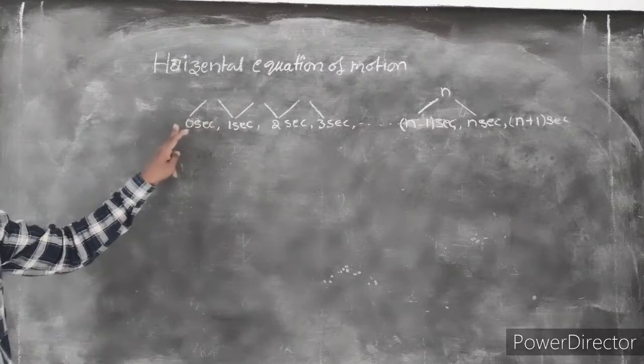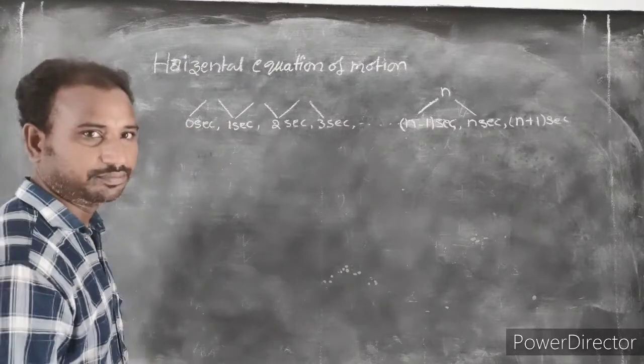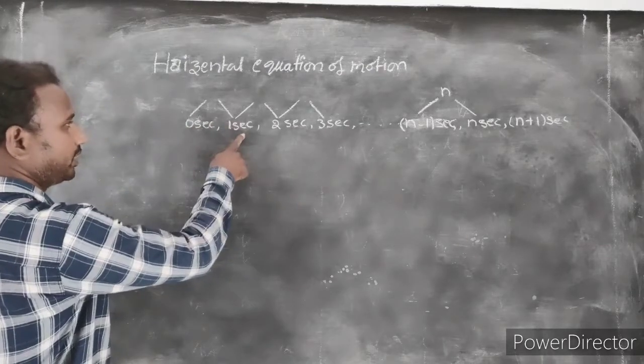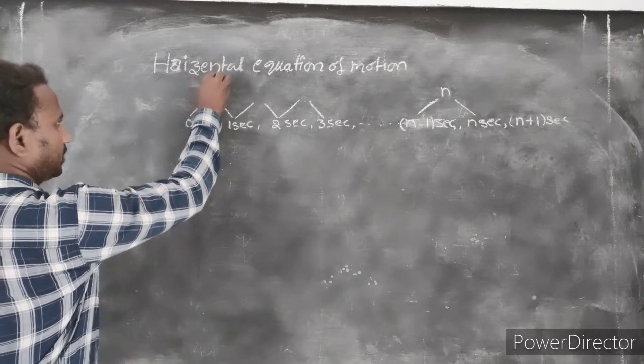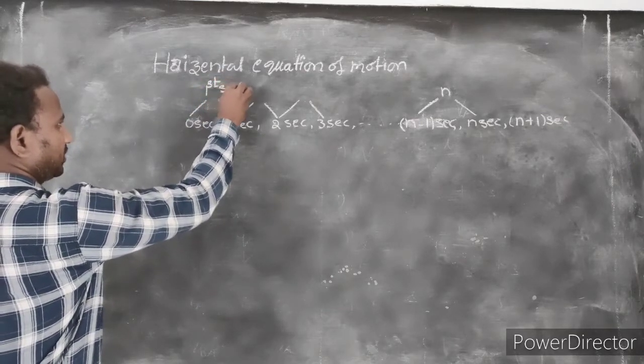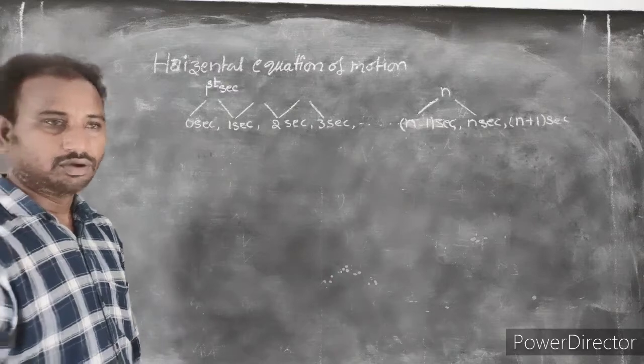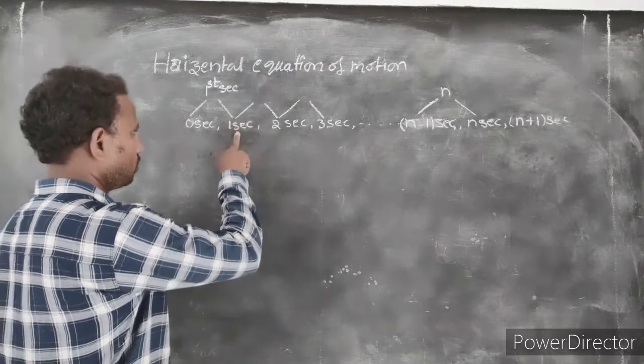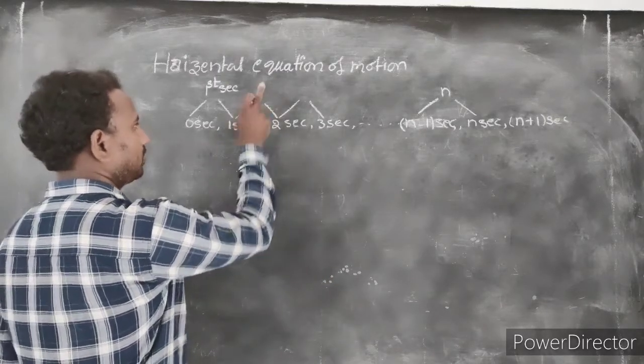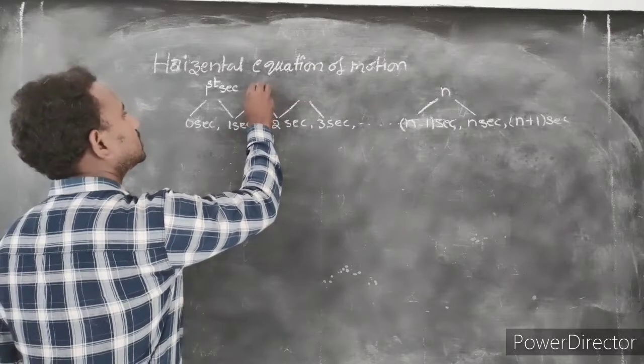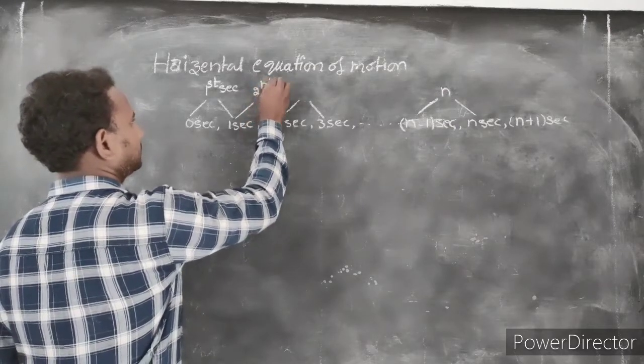What are the two incidents? 0 second and 1 second. The gap between 0 and 1 second is represented as the first second. The gap between 1 second and 2 seconds we represent as the second second.